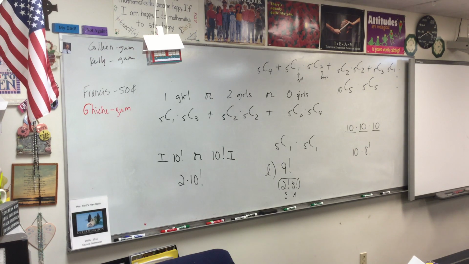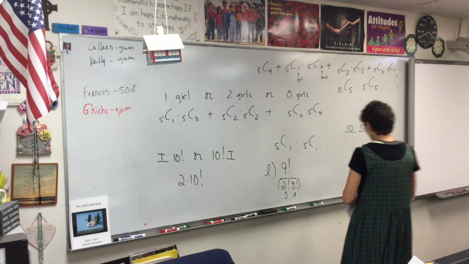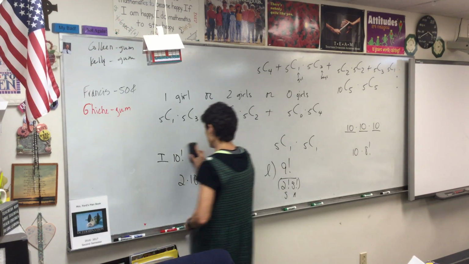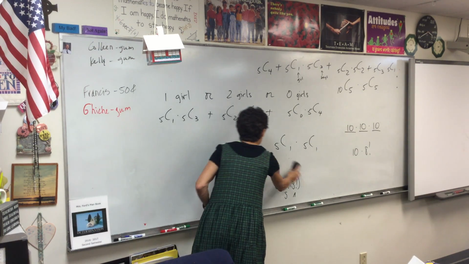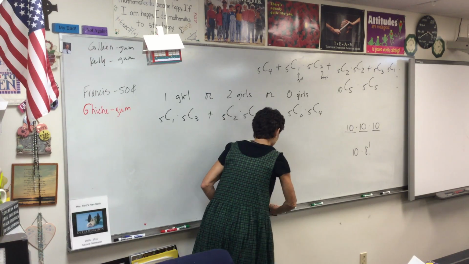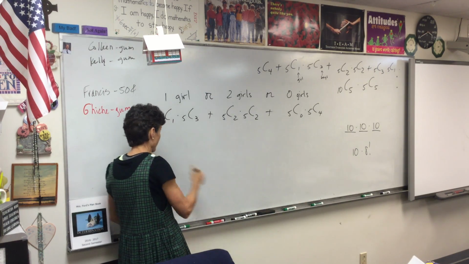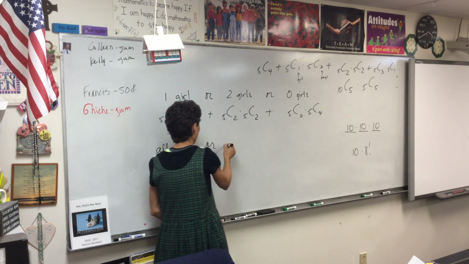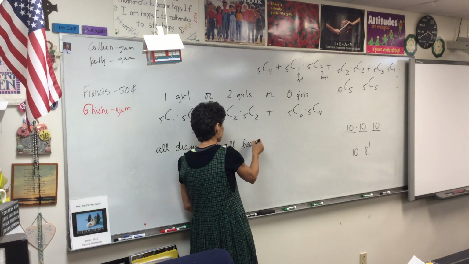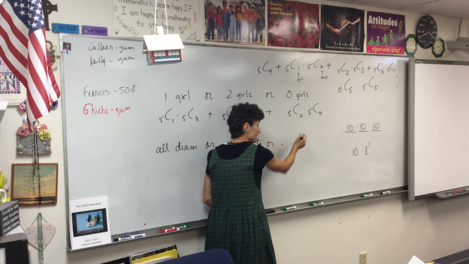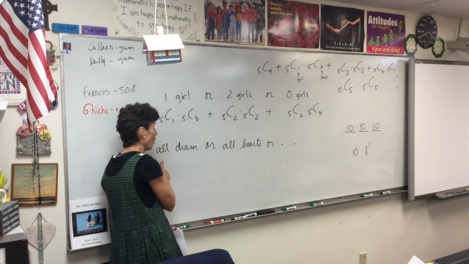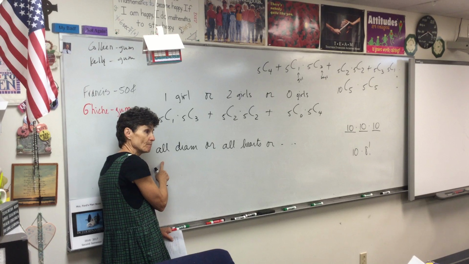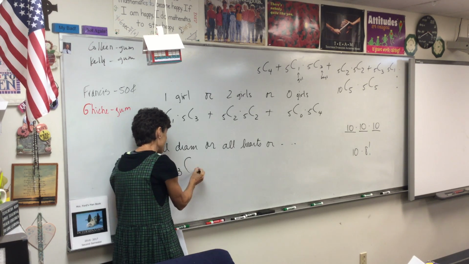Now, all 5 cards of the same suit. Now be careful. What does that mean? All of them are diamonds or all... Oh, so right there, whoever was over there mumbling, you're right. It means all diamonds, or all hearts, etc. Now, what would all diamonds be? 13C5.